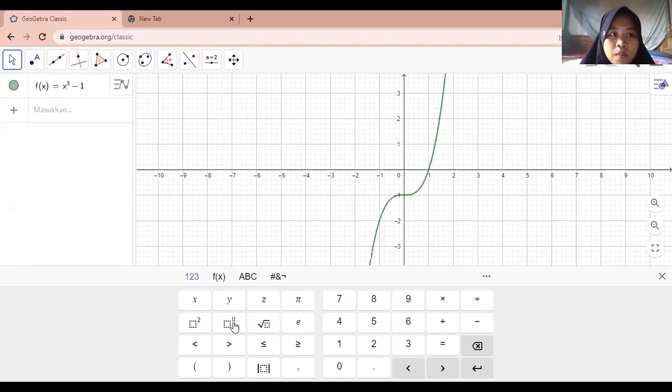So we will see the graph of this function. The graph for x power 3 minus 1 is like this. We can see that the graph does not have the same point. So this is injective or one-to-one. Exactly, the points are unique.